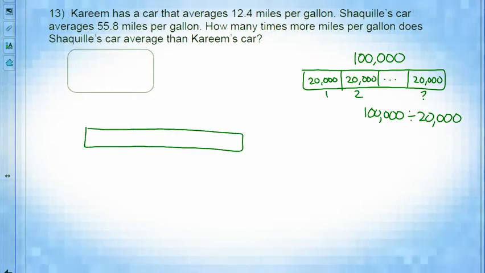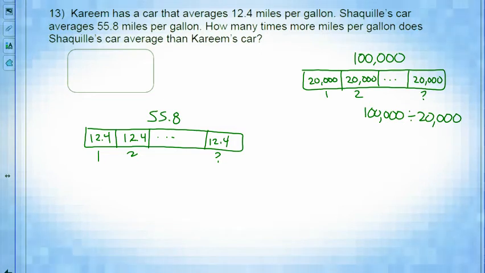He gets 55 and 8/10 miles per gallon, and Kareem, he's old school with his poor gas mileage there. How many times bigger is that? So I'm taking 55 and 8/10, and I'm dividing it, seeing how many groups of 12 and 4/10 I can get out.